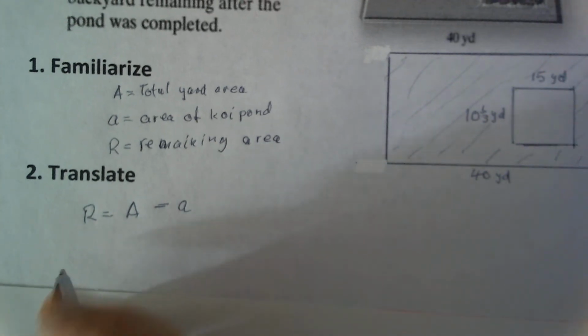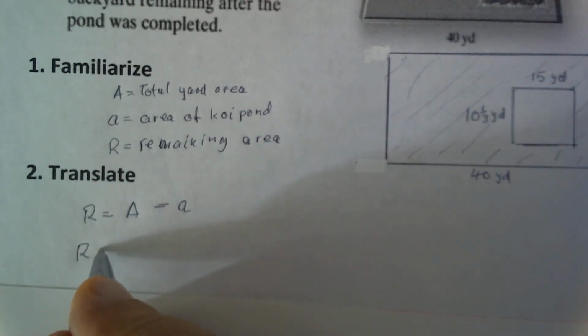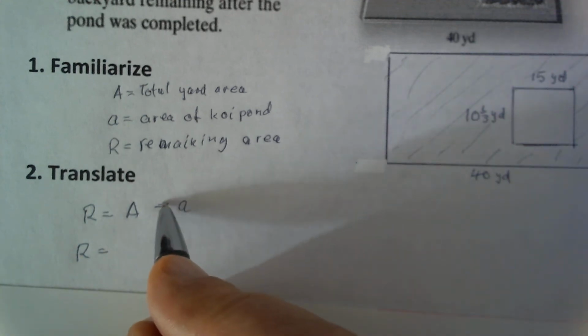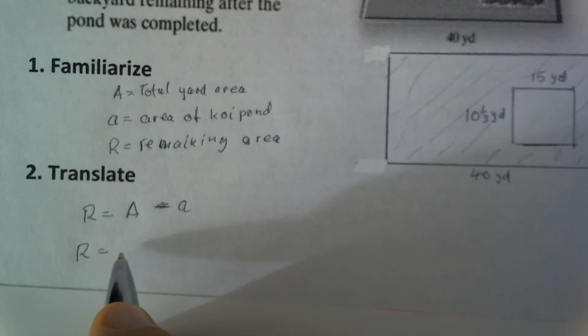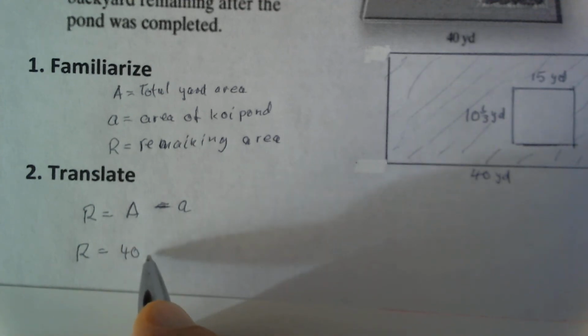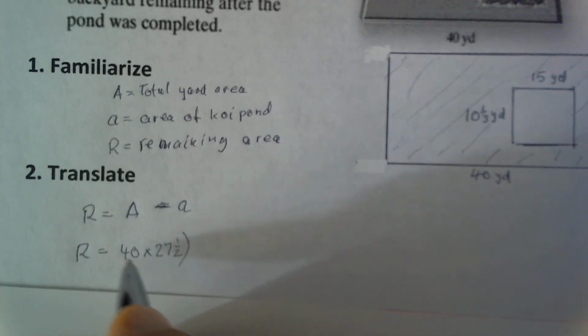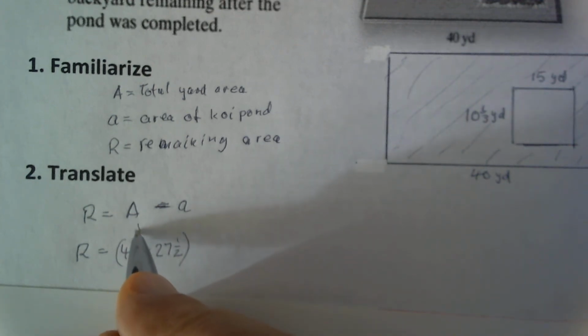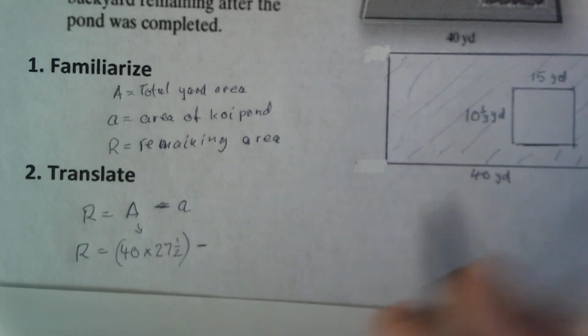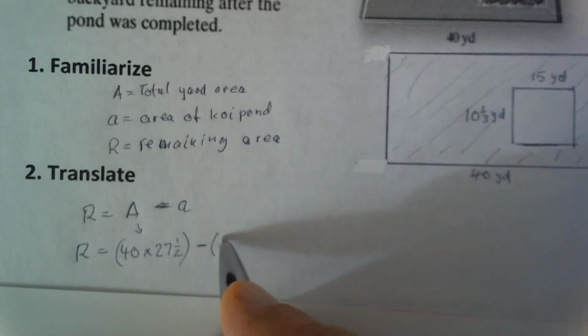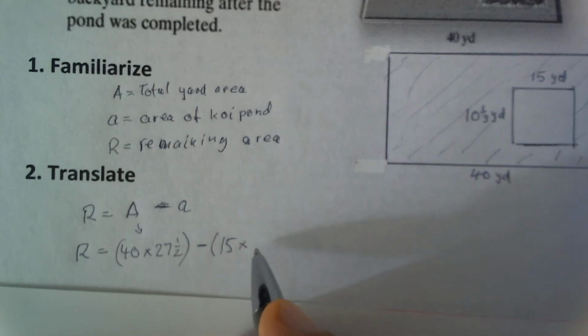In other words, R, the remaining area, is equal to, now the area of the backyard is 40 yards by 27.5 yards, so 40 times 27.5, that would be the total area of the yard, minus the small area, the smaller rectangle here, and that is 15 times 10 1/3.